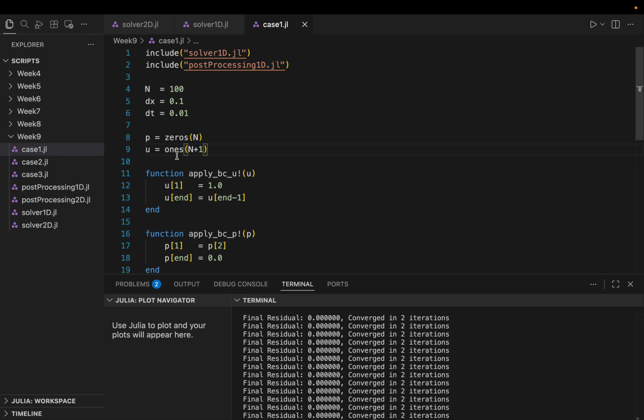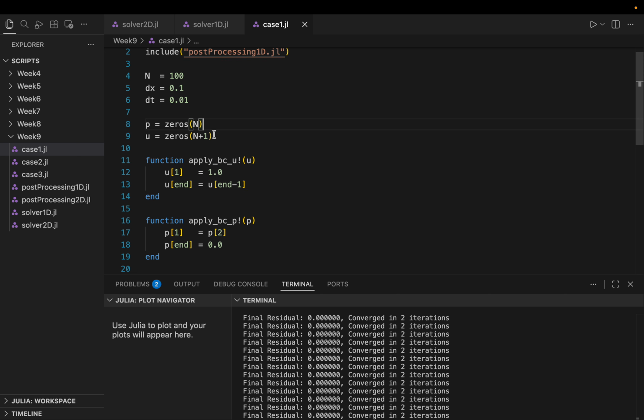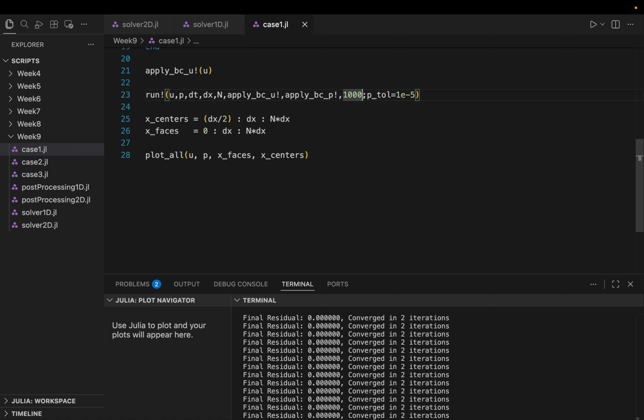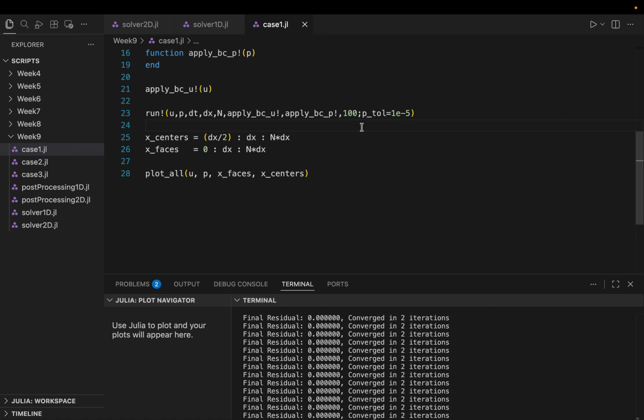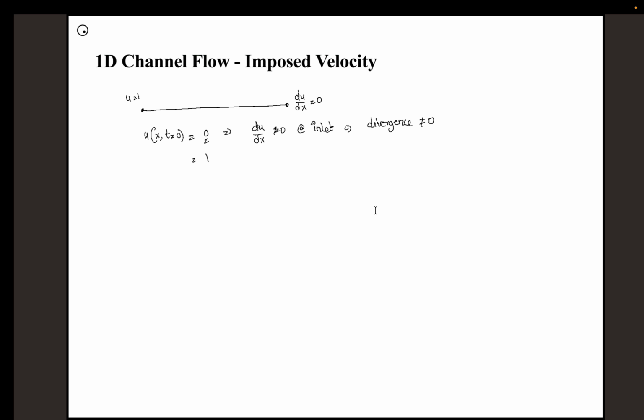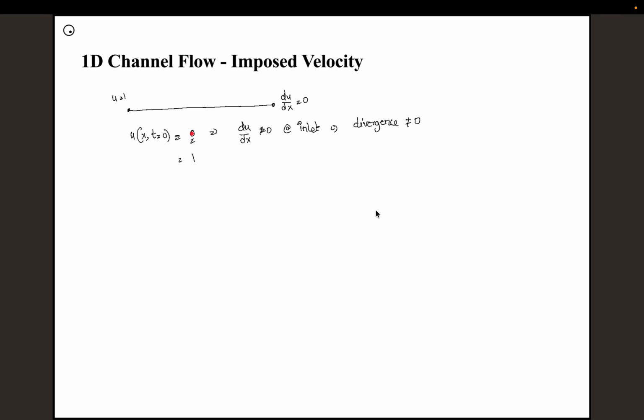But if I define a field which is not divergence free initially, like the initial gradient from zero, and reduce the number of iterations to 100 or something so that we don't waste time, then what we expect is that there will be a sudden gradient in velocity at the inlet in this initial stage.